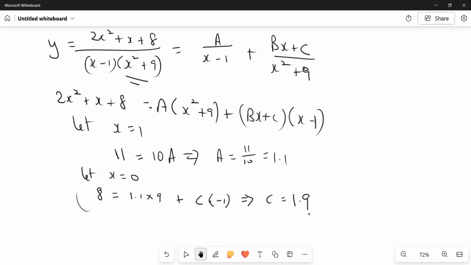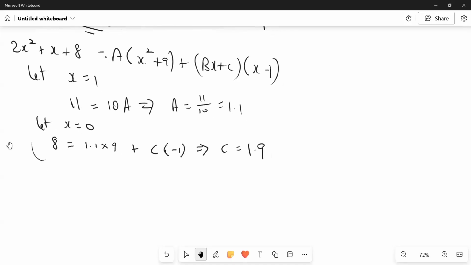Good. So we got A, we got C, and we need to find B now. And we can again use 1, we use 0. Let x be maybe 2, right? Let's go with 2, or that would give us some horrible numbers.